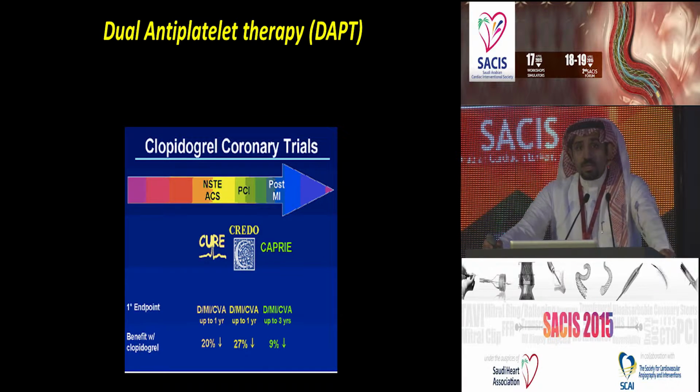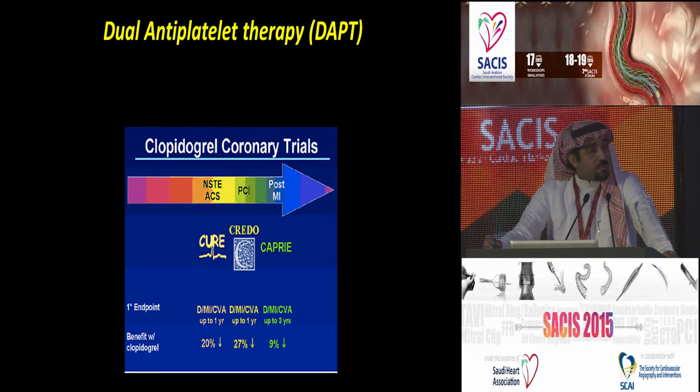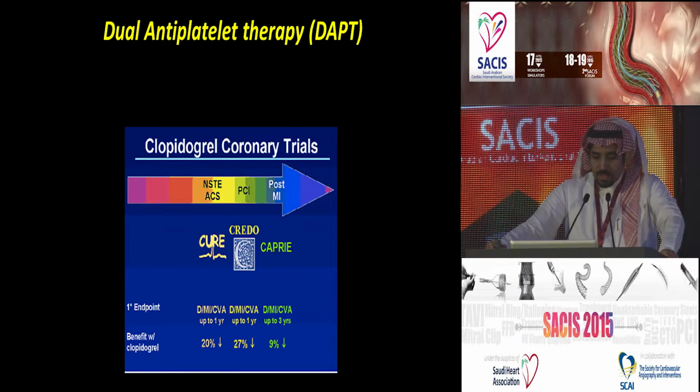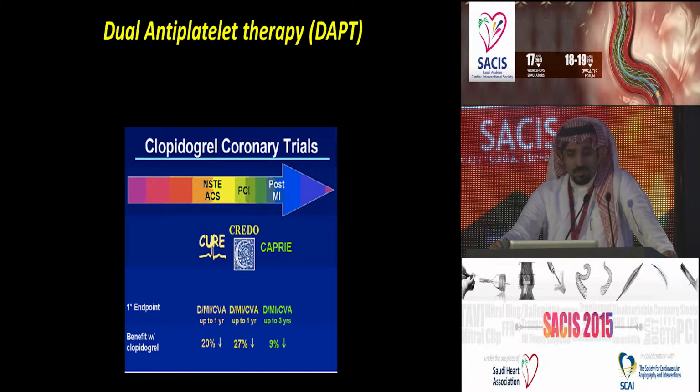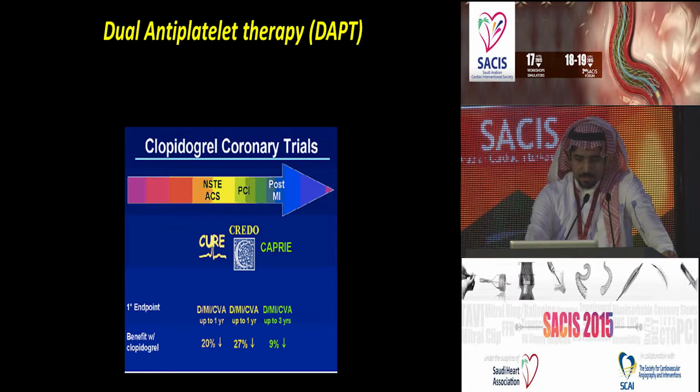Then clopidogrel became the leader as the second antiplatelet added to aspirin. Several trials have shown its effect, including the CURE, CREDO, CAPRI, and CHARISMA trials, and many others, in patients with ACS and post-stenting to prevent thrombosis and major adverse cardiac events.